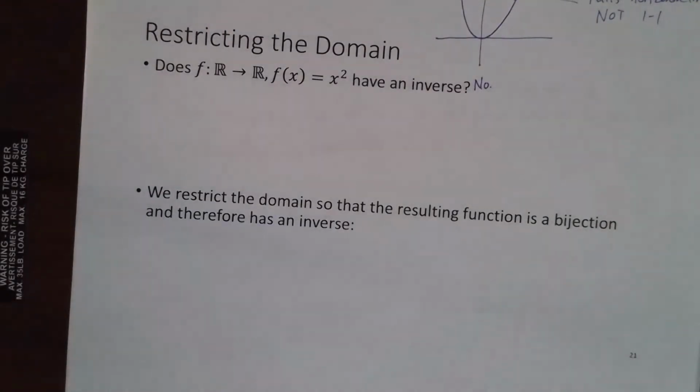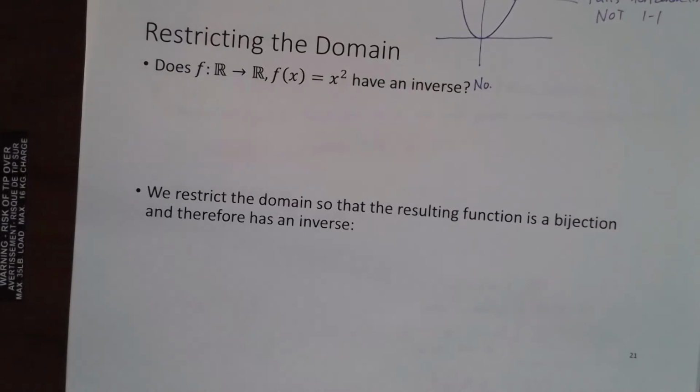But what if we really wanted it to have an inverse? We would say, all right, that doesn't have an inverse, but can I take part of that function and restrict my domain to something that would pass the horizontal line test, and then have that part that's invertible?